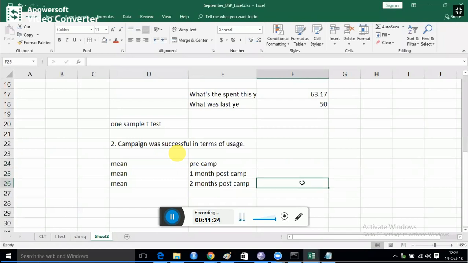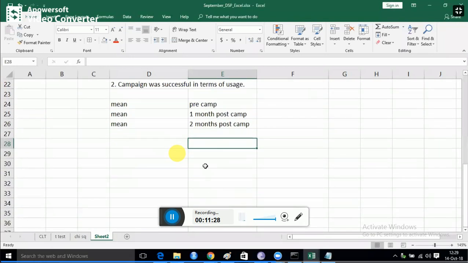Yes? So, what do we see here? Pre-campaign should be less than, or if you look at it another way, post-campaign should be greater than pre. Right? That's when I'll say this entire thing is successful.